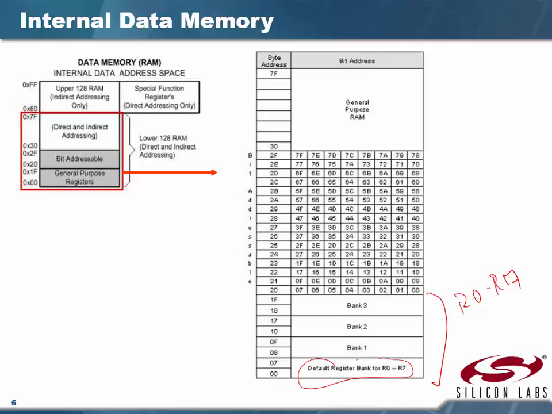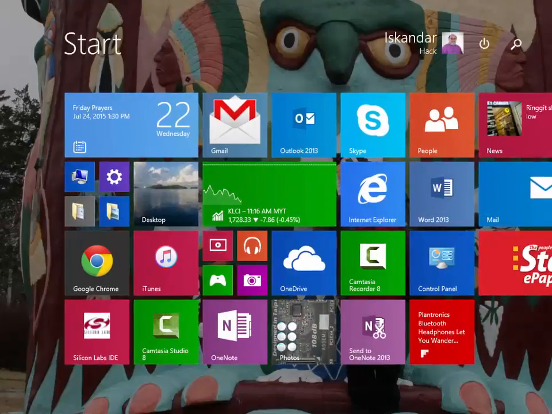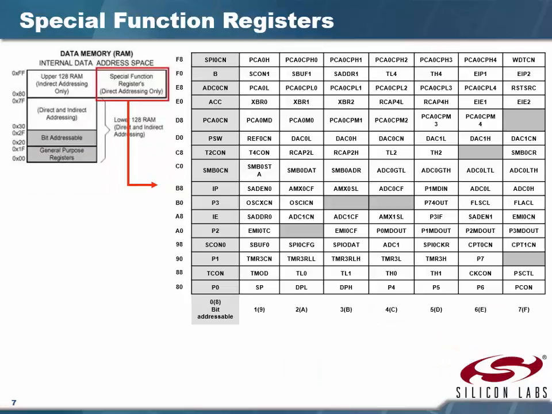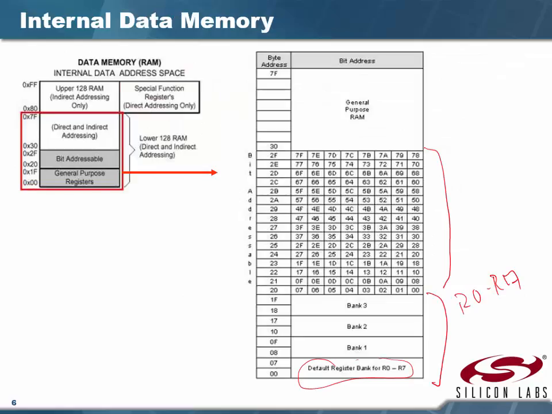Then we have a number of addresses that are bit addressable. These contain various types of information, but we can address them as individual bits.